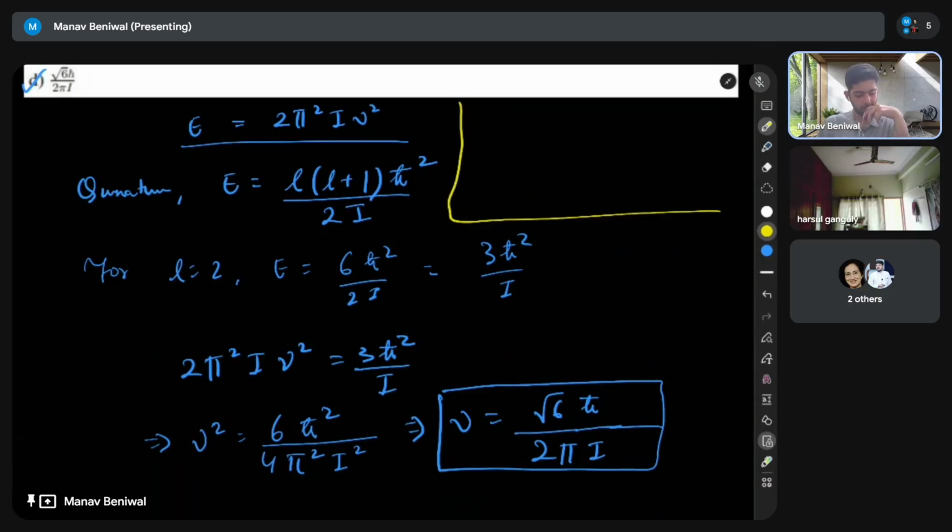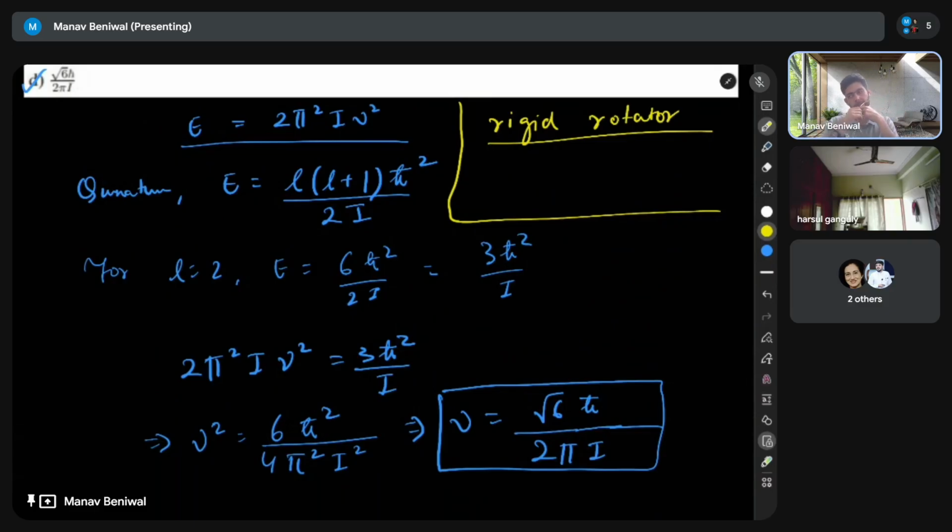There is a problem called the rigid rotator. We can also derive this energy, but for a rigid rotator, for example a diatomic molecule, the energy is written generally in terms of the moment of inertia I.